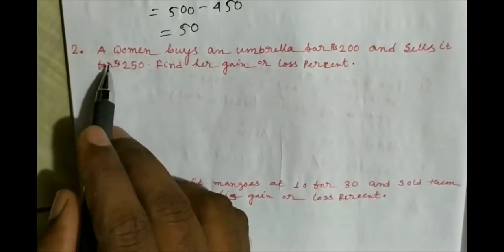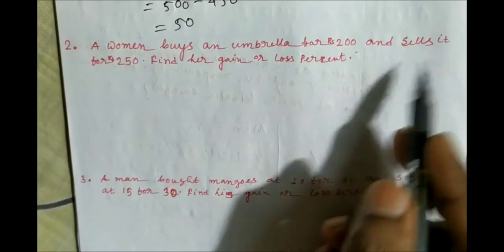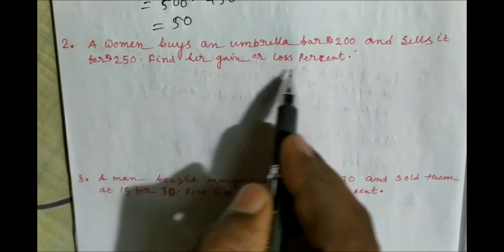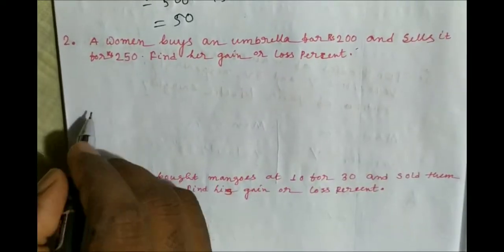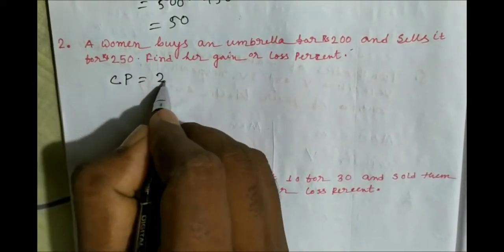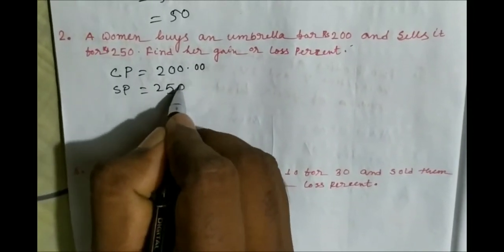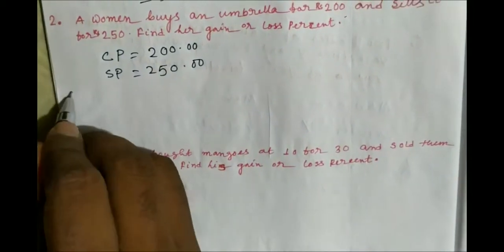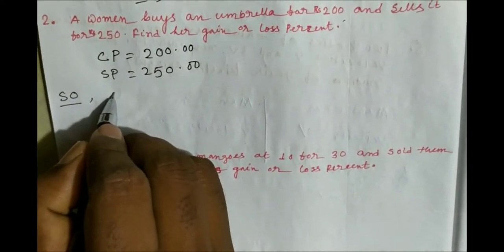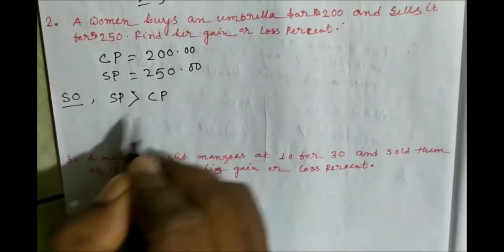Problem number 2. A woman buys an umbrella for rupees 200 and sells it for rupees 250. Find her gain or loss percent. So CP is equal to 200 rupees, SP is equal to 250 rupees. So SP is greater than CP.